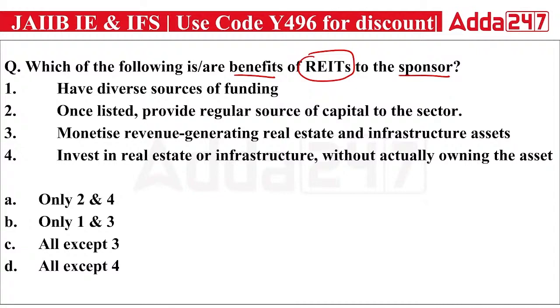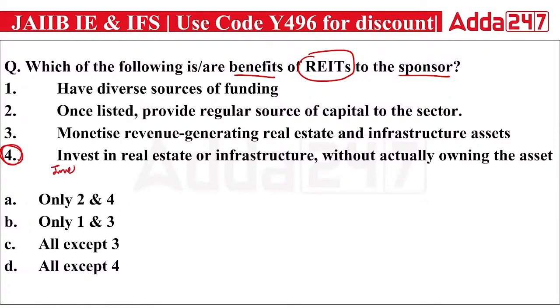Out of these four statements, which are the benefits of real estate trusts to the sponsors? The right answer will be all except the fourth, because this is not a benefit to the sponsor.